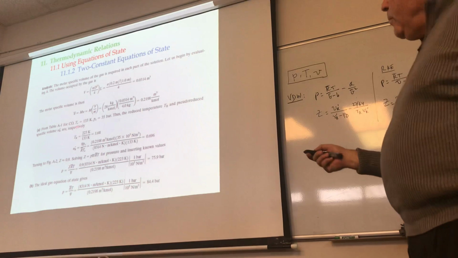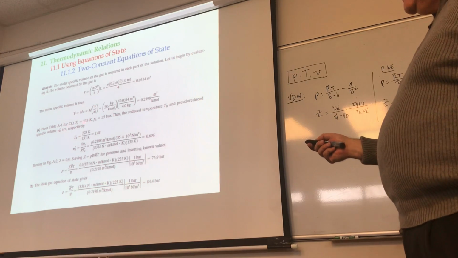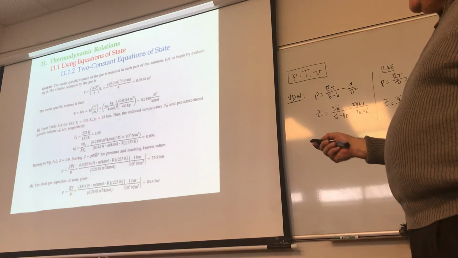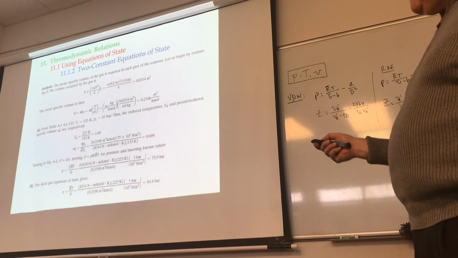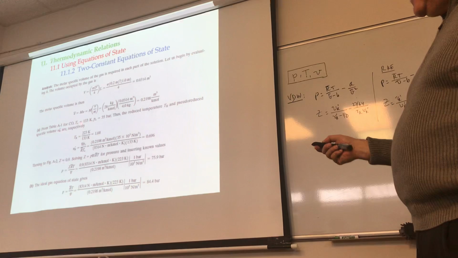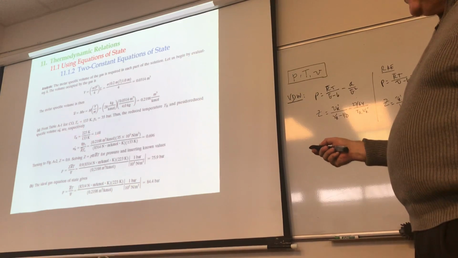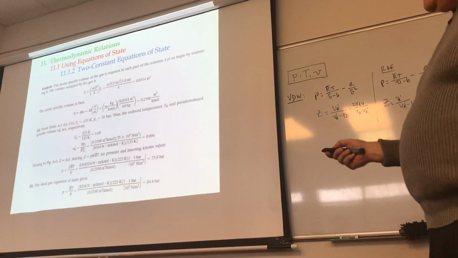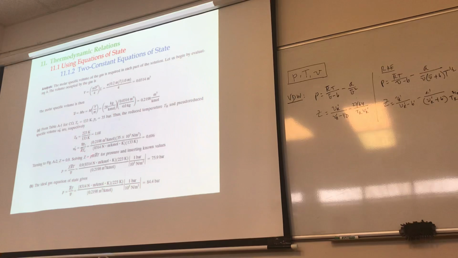So from table A1 for CO, the critical temperature is 133, the critical pressure is 35, right? So you have to find what the reduced temperature is. The reduced temperature is simply the temperature divided by the TC, which is 1.68. And then VR prime is equal to V bar times PC divided by RTC, right?